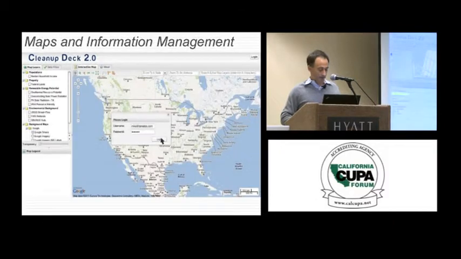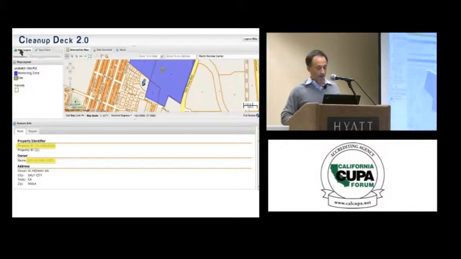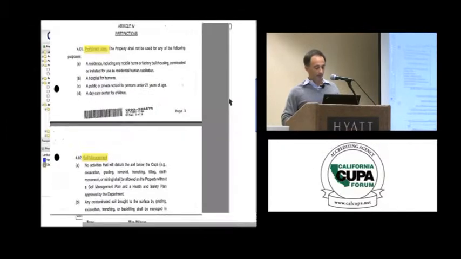And then we keep track of ownership, so I can see who owns the parcel. And what we have done is taken all the relevant environmental documents, and they can see what the chemicals of concern are. They can see what the institutional controls say not to do, which is really the core of things. And then they can see if there are relevant documents.